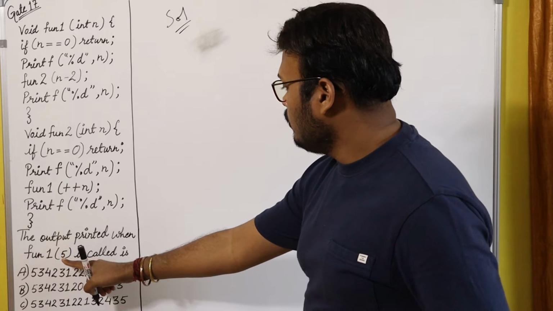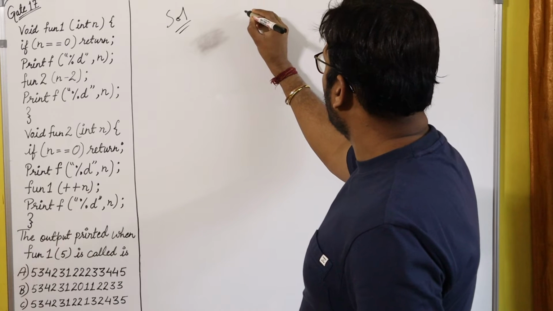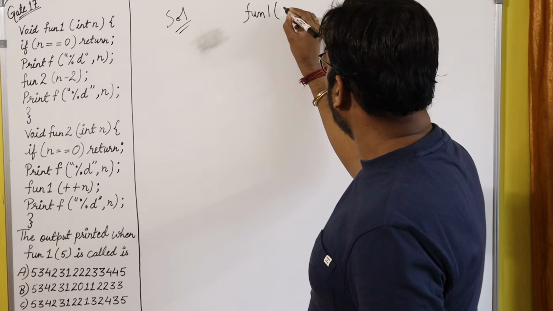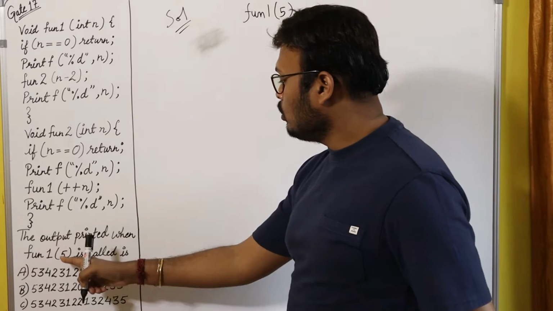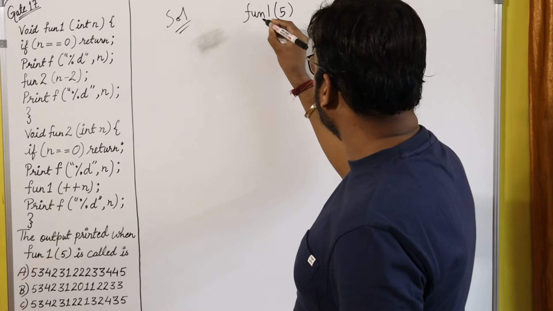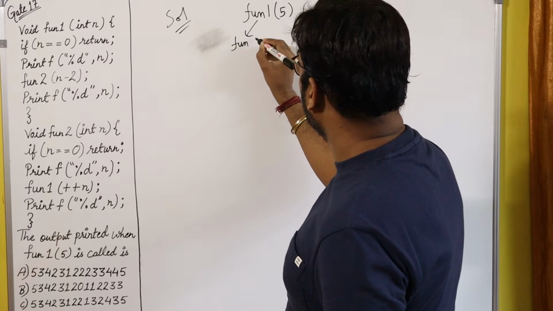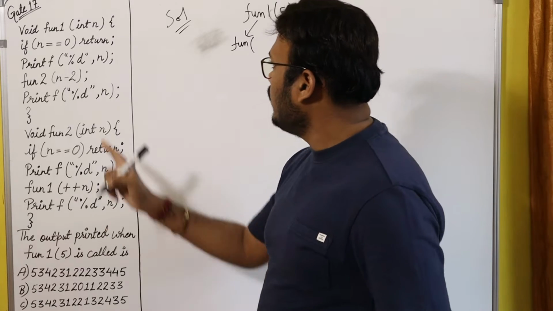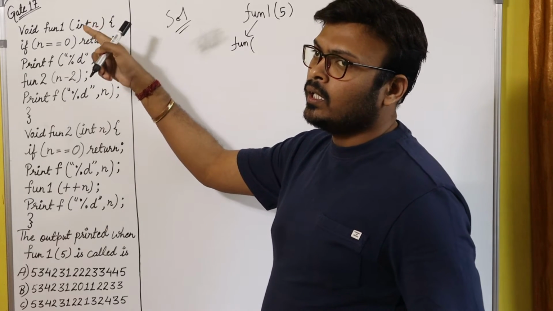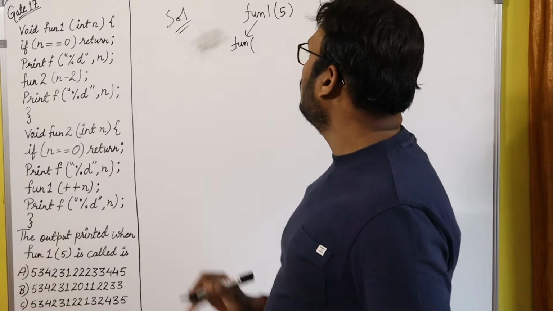So fun1, here the parameter that is passed is 5. Let me write here fun1 and 5. Fine. So the fun1 function is getting called here, and int n means that n is a local variable which is receiving the value 5.